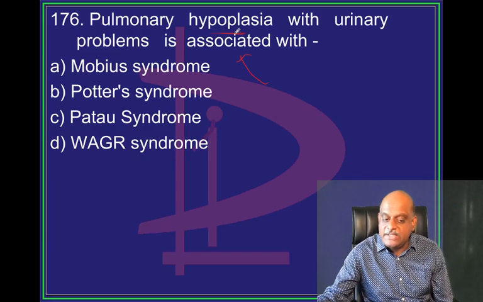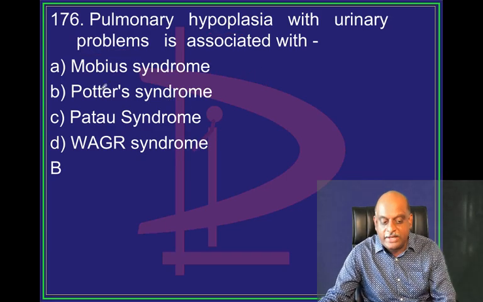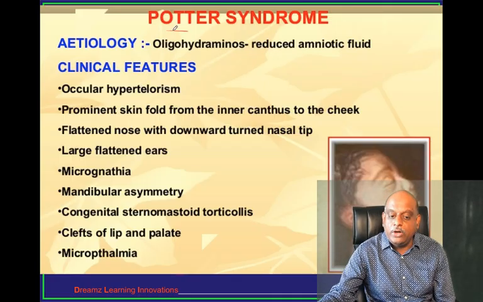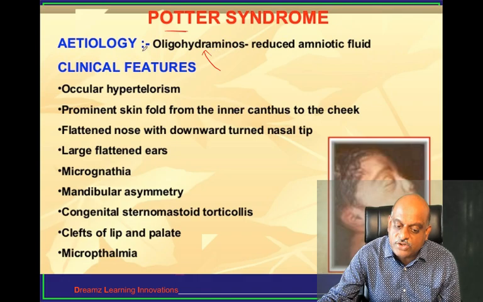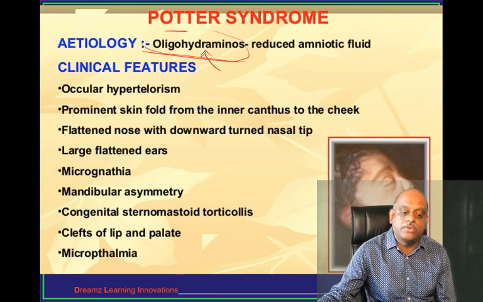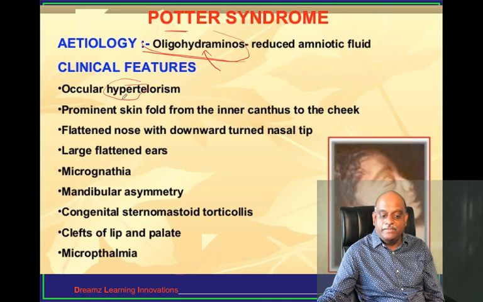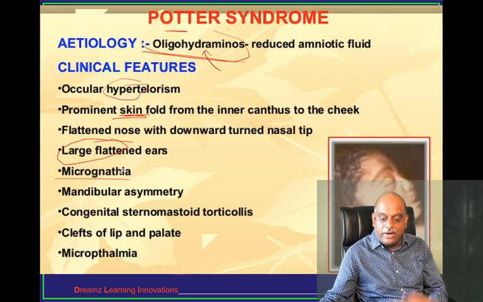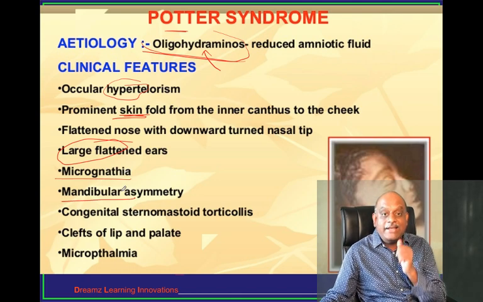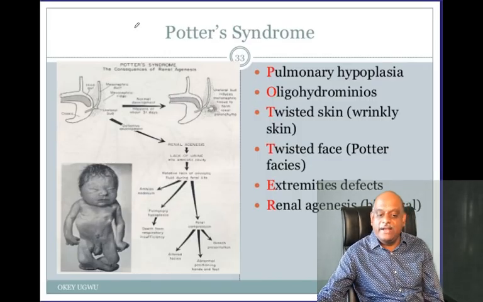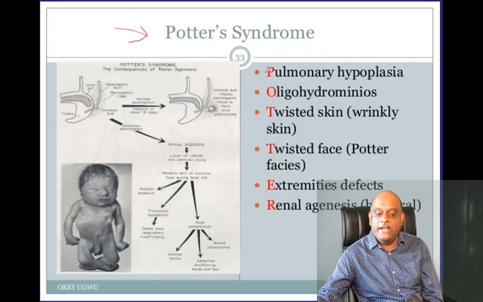Pulmonary hypoplasia with urinary problems, what is that called? Potter's syndrome. So typically Potter's syndrome is seen in the case of oligohydramnios. There is the ocular hypertelorism, prominent skin fold, large flattened ears, micrognathia, mandibular asymmetry, cleft lip, cleft palate and microphthalmia. That signifies the Potter's syndrome. You can easily remember.